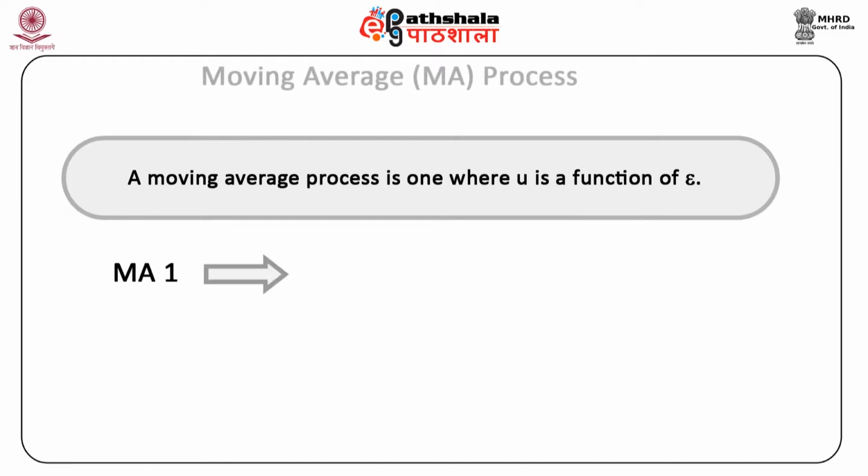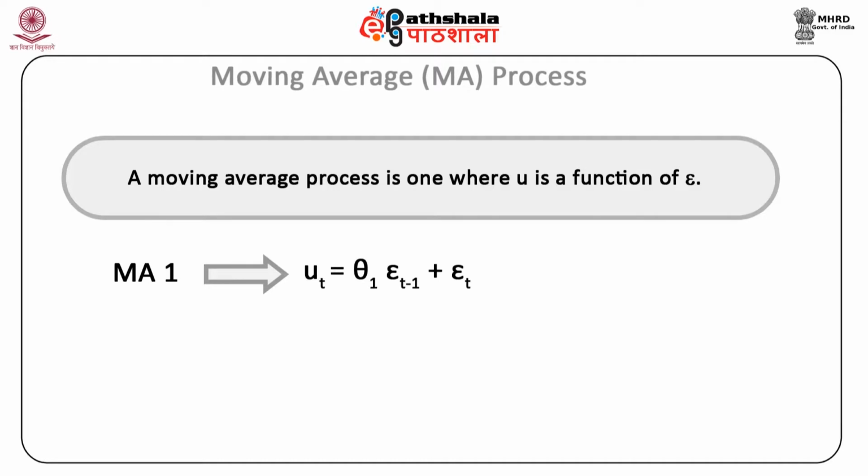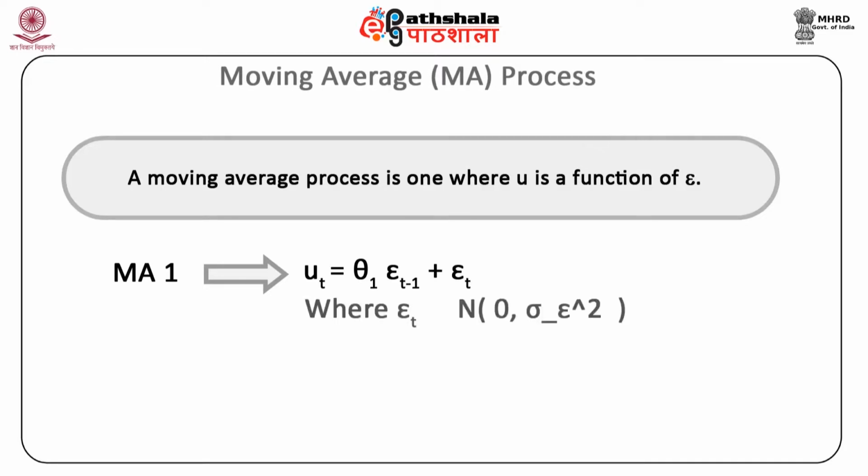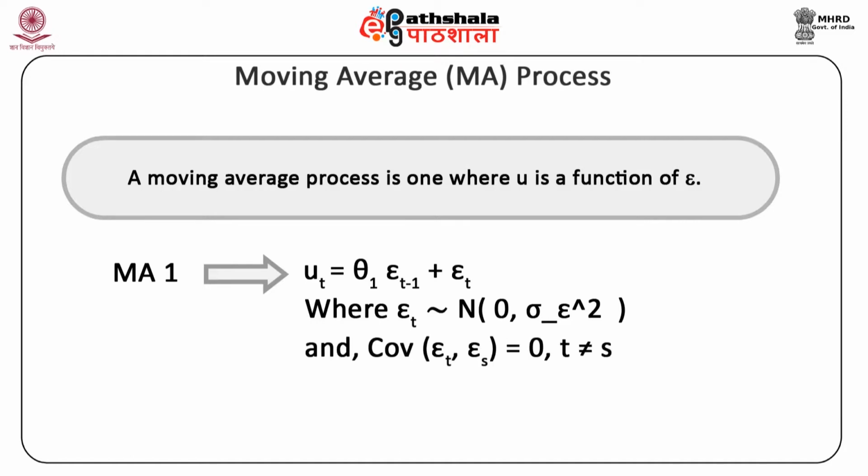A first order moving average process MA1 is given by ut equal to theta 1 epsilon t minus 1 plus epsilon t, where epsilon t again is distributed normally with mean 0 and variance sigma epsilon square, and covariance between epsilon t and epsilon s is equal to 0 for all t not equal to s.